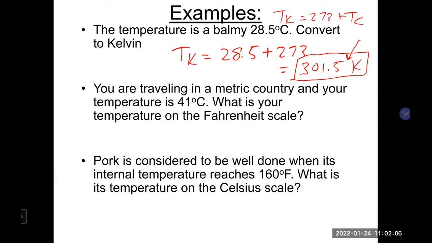So when I convert it, I want to keep it to one decimal place. If I have a temperature that's a whole number, I want to convert it to a whole number. That's just a specific thing for temperature.